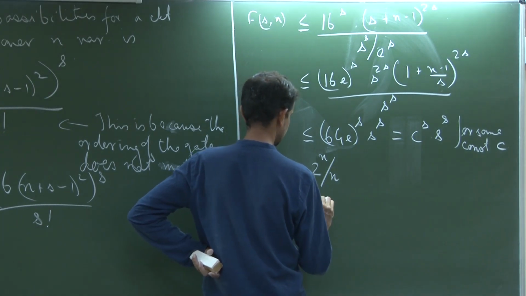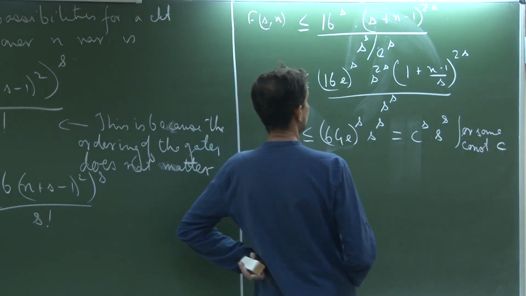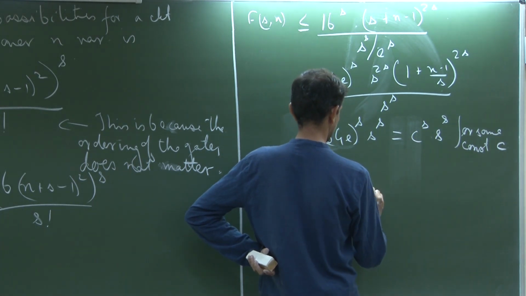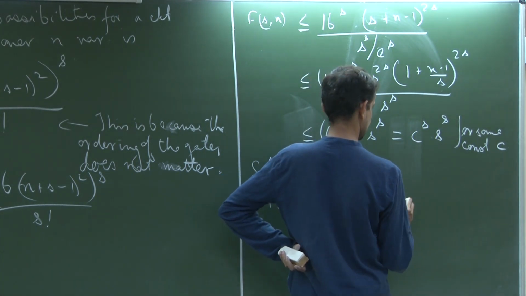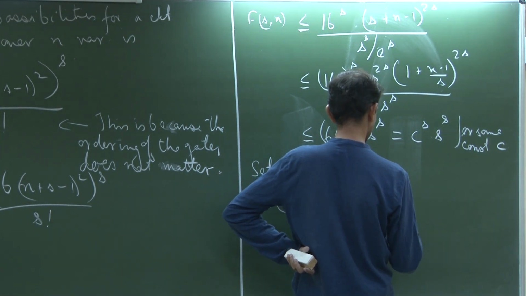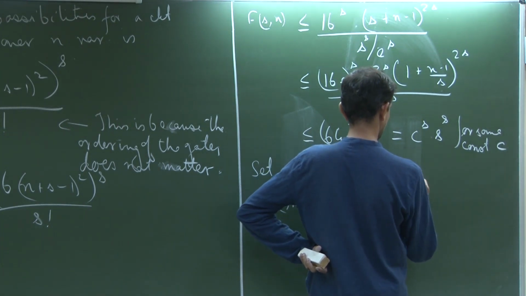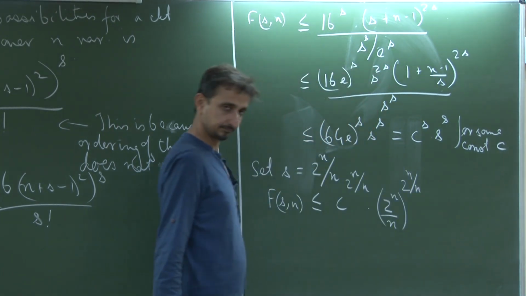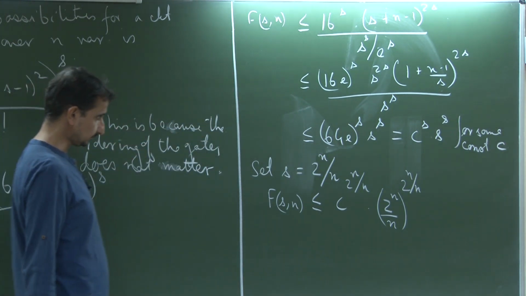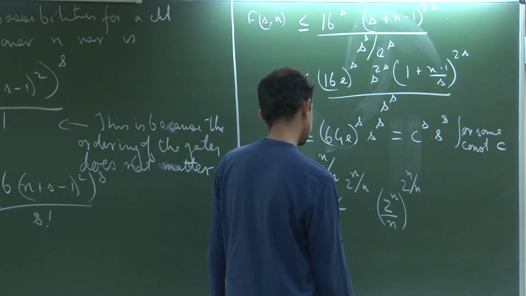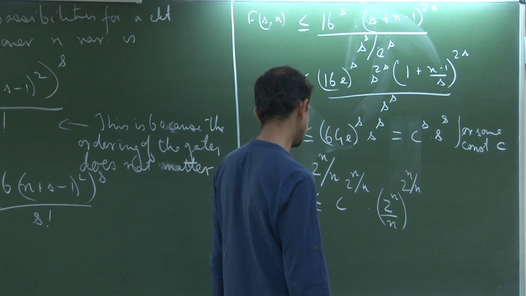So, we will set s as this, and now let us see what this quantity becomes. So, f_s of n is c to the power 2 to the power n over n times (2 to the power n by n) whole to the power 2 to the power n by n. Okay. So, how can we write this?